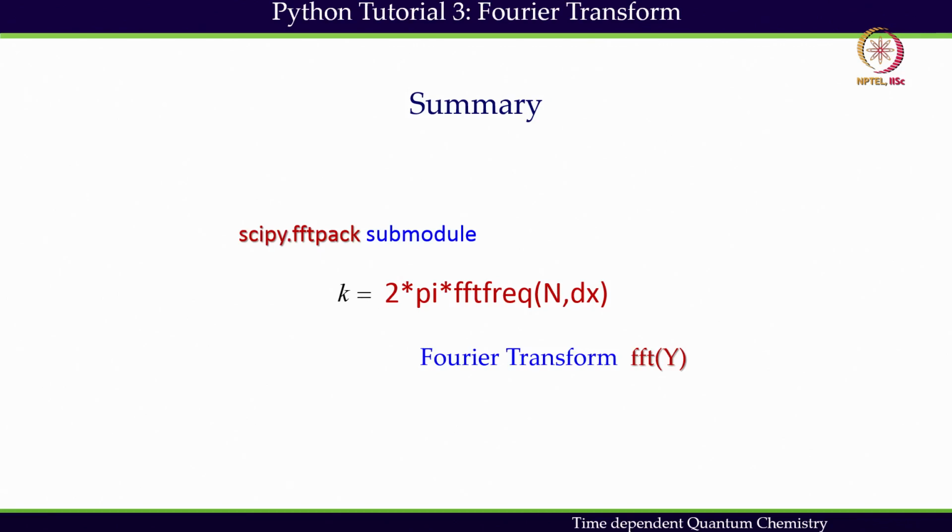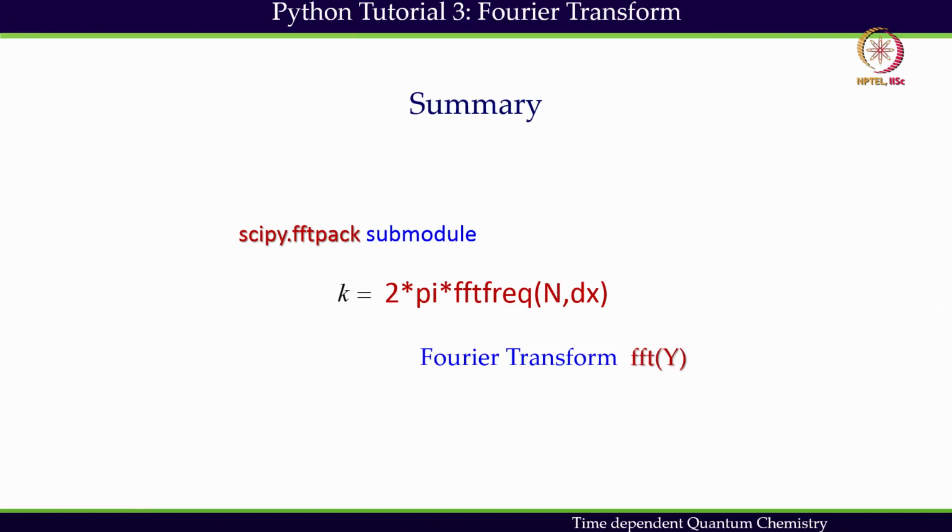Python tutorial. What we have learned from this tutorial is that there are two simple functionalities already given in the scipy.fftpack submodule. One functionality will help us construct the k grid. Another functionality will help us Fourier transform the discretized wave function from the space domain to the Fourier domain.